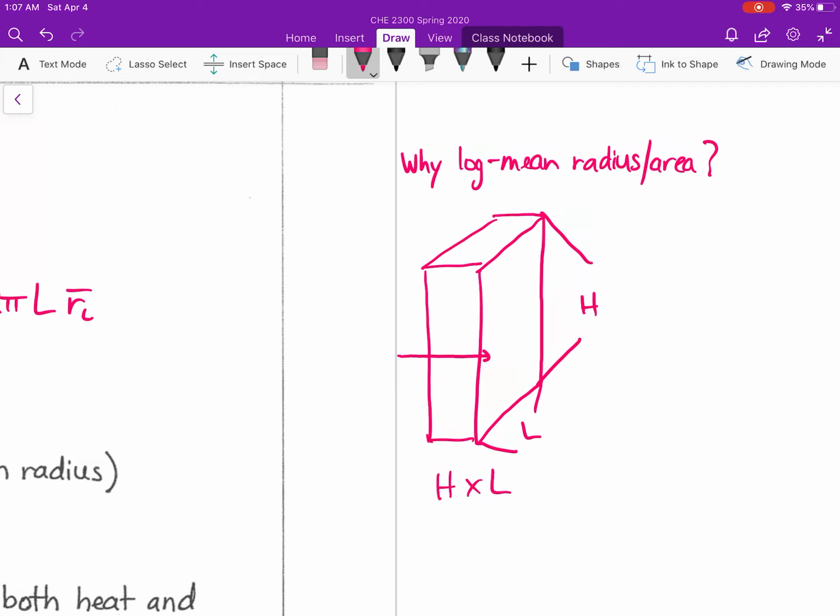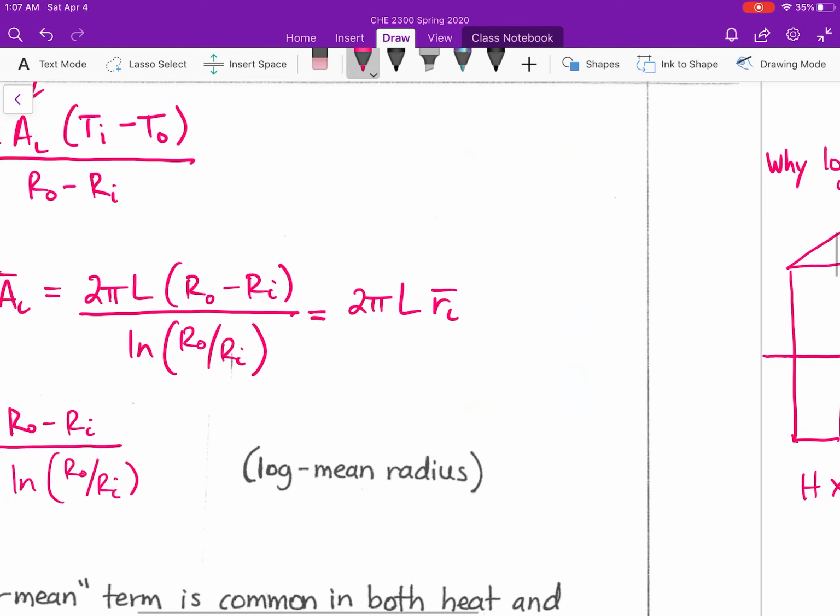It remains H times L throughout the entire thickness of that wall.